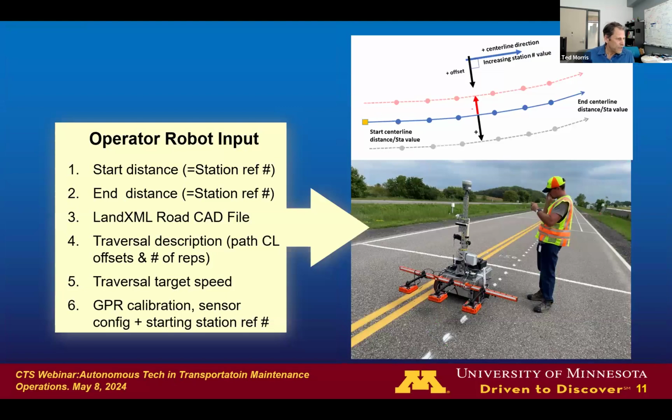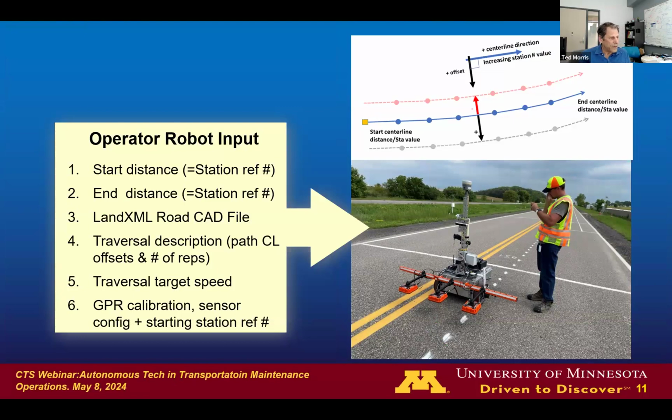And then you also input a CAD file of the roadway. That information gives you alignment information for different kinds of curvatures and horizontal straight sections, that kind of macro definitions, which can be translated into a full path for the robot to reference.